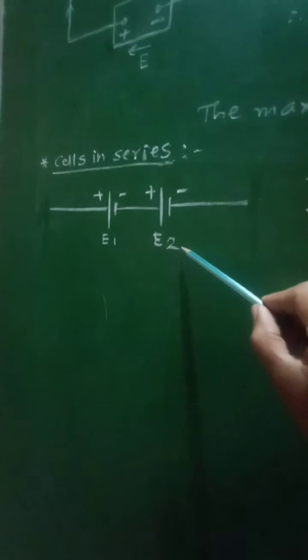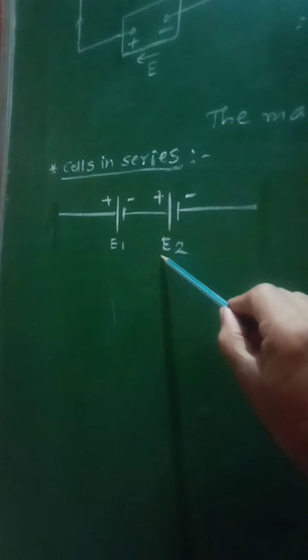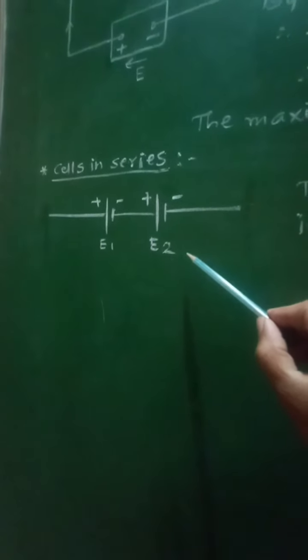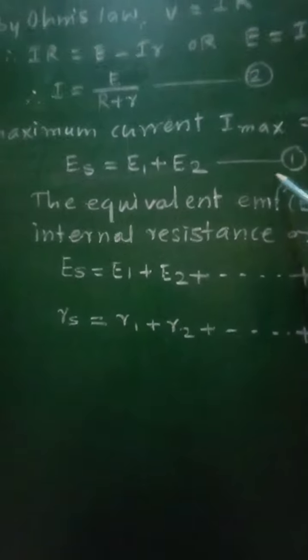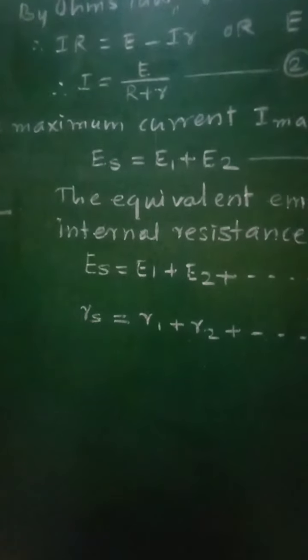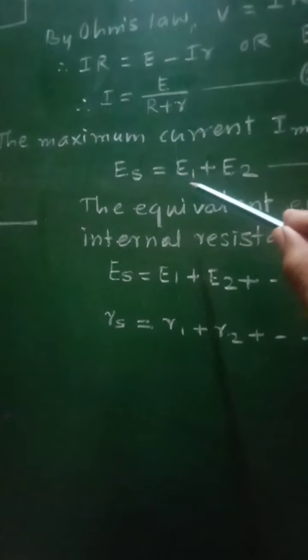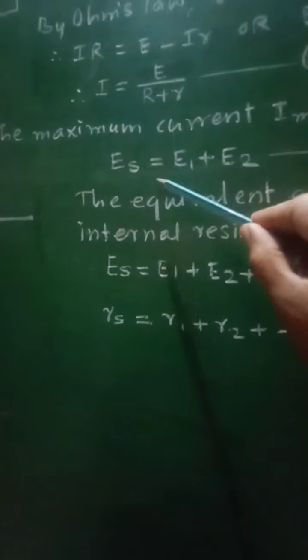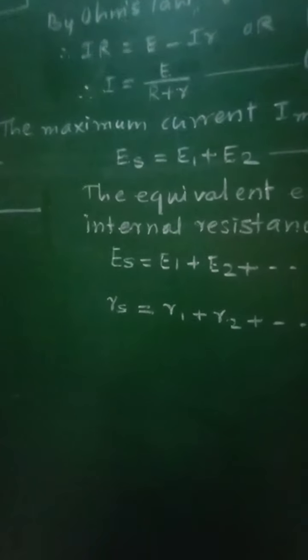When two cells of EMFs E1 and E2 are connected in series, their equivalent EMF Es will be given as Es equal to E1 plus E2, equation number 1.